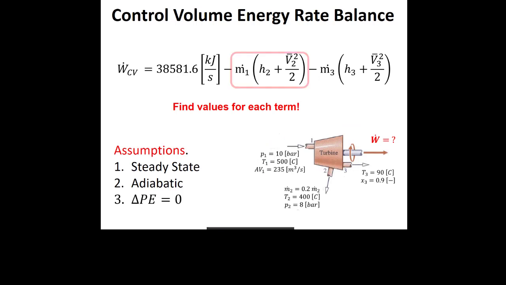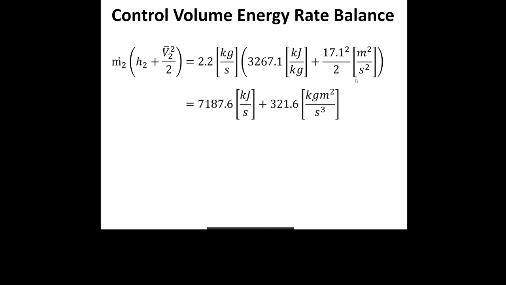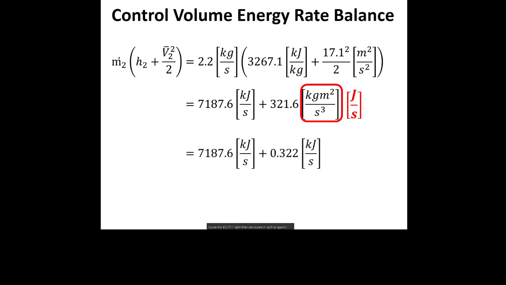But what about the second port? In the second port, maybe the velocity term is important, because it's 17.1, and we square it. So again, I've got to account for the fact that that's joules per second, so I divide by 1,000. Here it's 4 times more important than it was, but it's still really small.